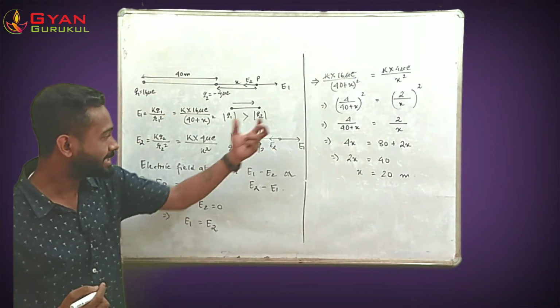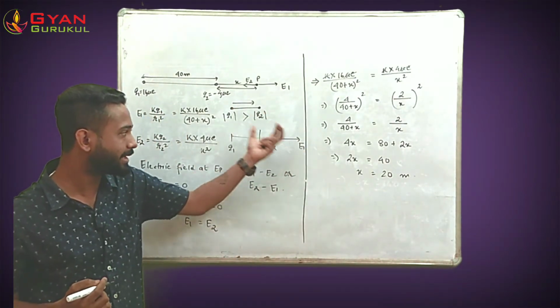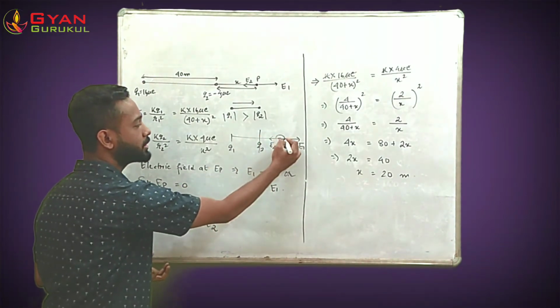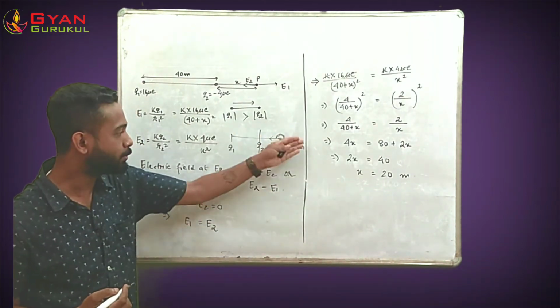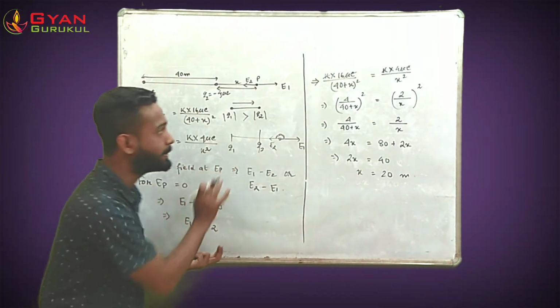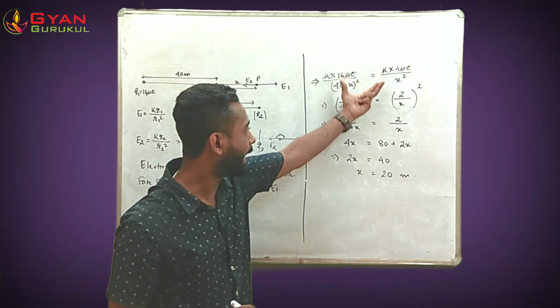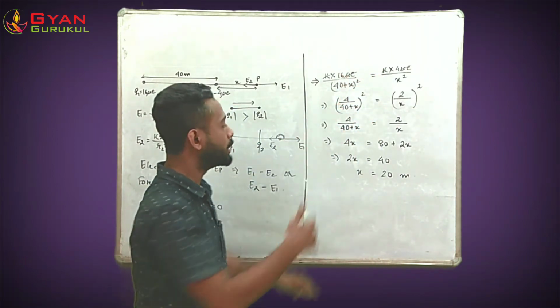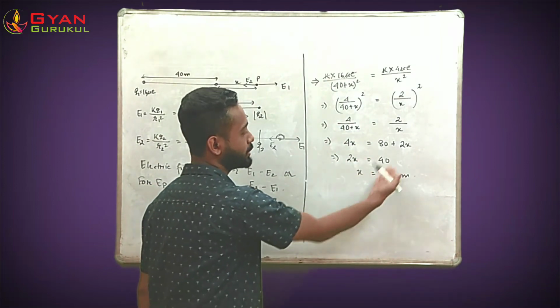Since E1 would be a bigger field, I have considered E1 minus E2 as 0. Since they are in opposite directions, the net field would be given by E1 minus E2, and I have considered it to be 0 for the net field to be 0 at P. To bring that forward, I can get an expression like 4 by (40 plus x) equals 2 by x. That would give me a result of x equals 20 meters.